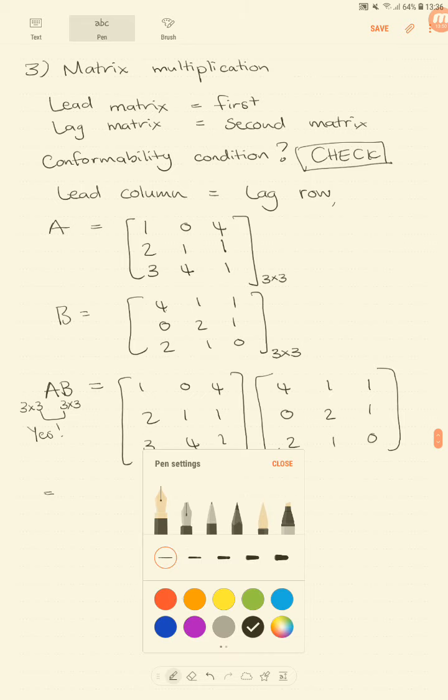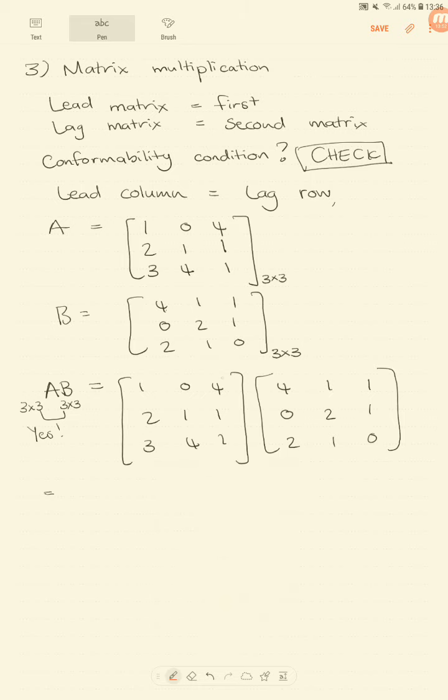Now what we do is we take row 1 of A and we multiply it by column 1 of B for the first entry. So that would be 1 times 4, plus 0 times 0, plus 4 times 2.